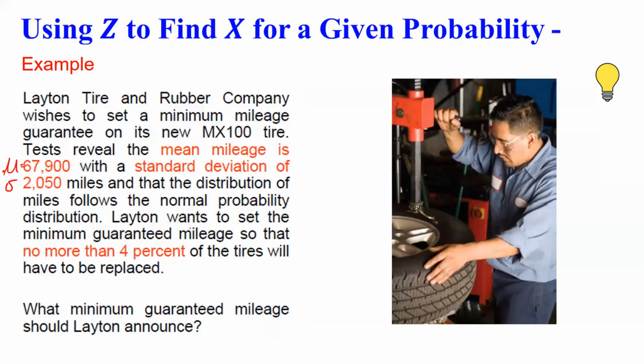Leighton wants to set the minimum guarantee so that no more than 4% of the tires have to be replaced. Now you need to calculate what minimum guarantee mileage Leighton should announce.